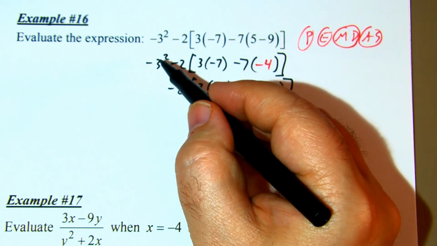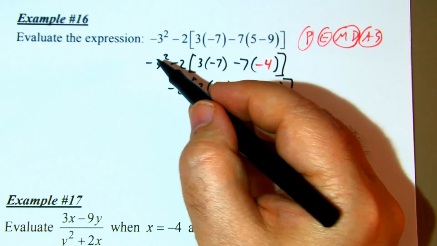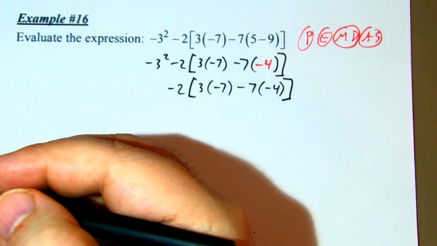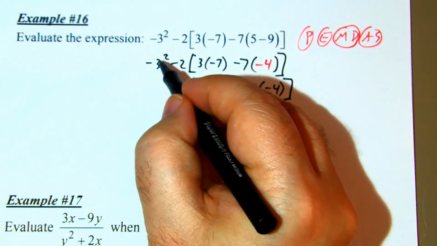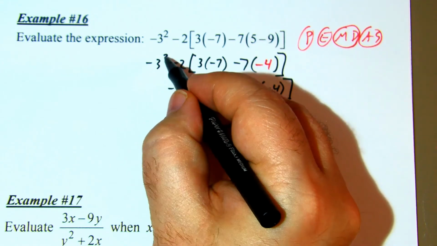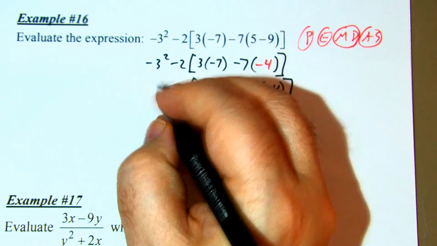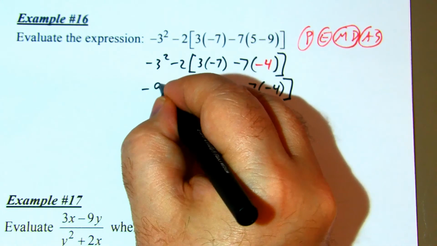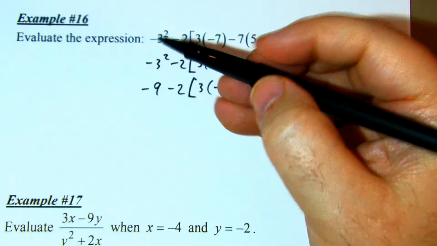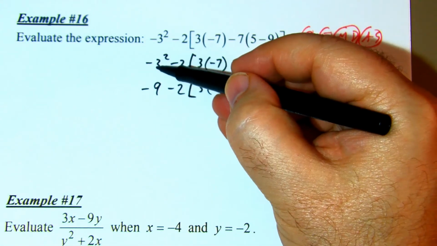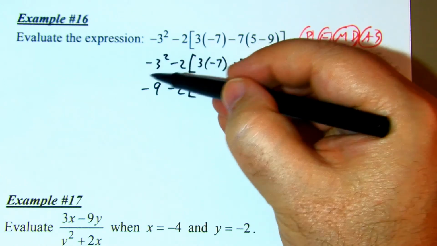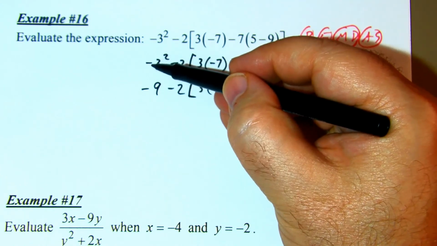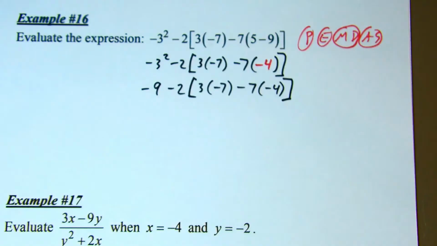If the negative is squared, like we had in an earlier example, that's a negative times a negative, which gives us a positive according to our rules. But this negative is not being squared, only the 3 is. 3 squared is 9, so this is going to result in a negative 9. The 2 was talking about the 3, and 3 squared is 9. Without parentheses, this 2 is not talking about the negative, and so the negative survives.